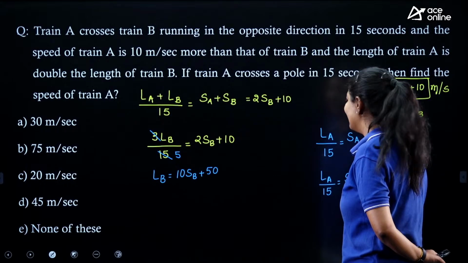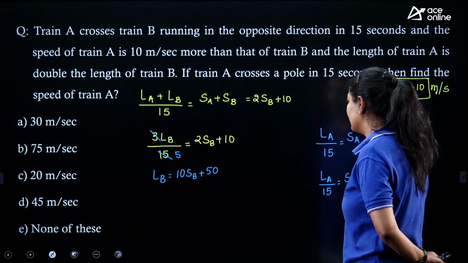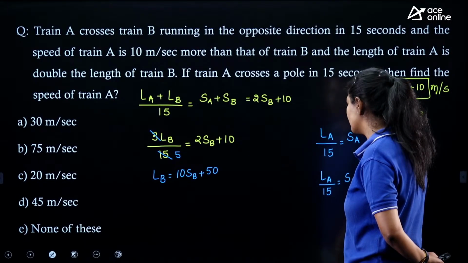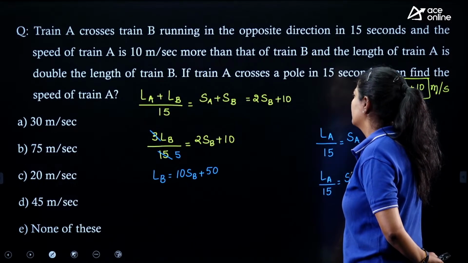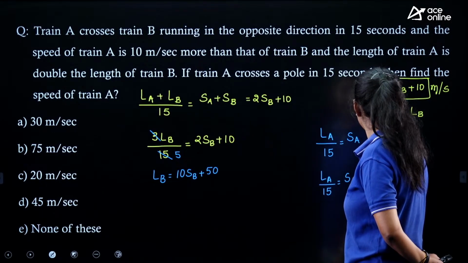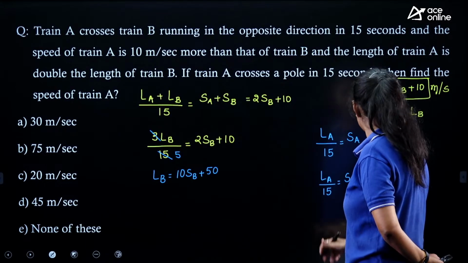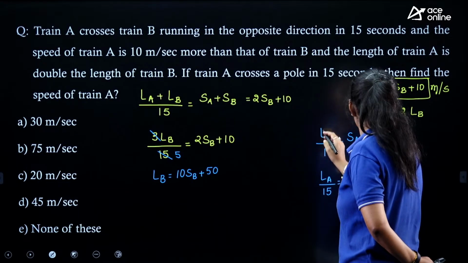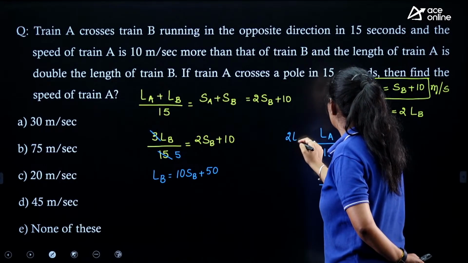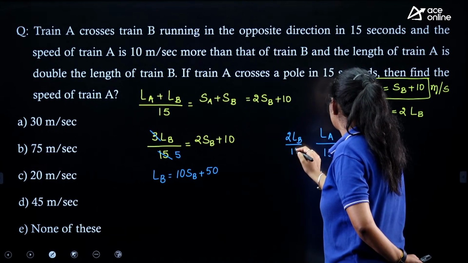So LA is, or we can also do one thing, we can replace LB. Okay, what if we replace this one, 2LB divided by 15.